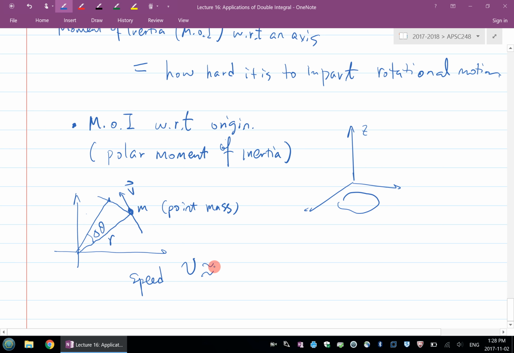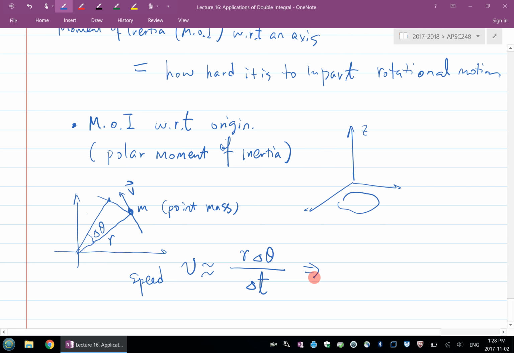Speed equals distance divided by time. In this particular case, it travels this much distance from here to here. How much distance is that? It's r times delta theta. And how much time did it take? Let's say delta t. That gives me the relationship between the velocity and theta.